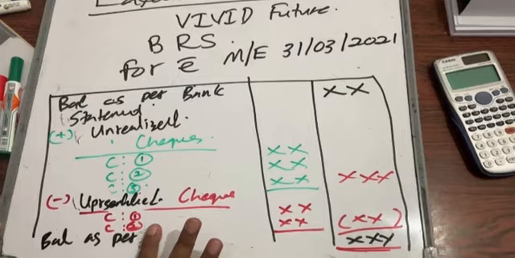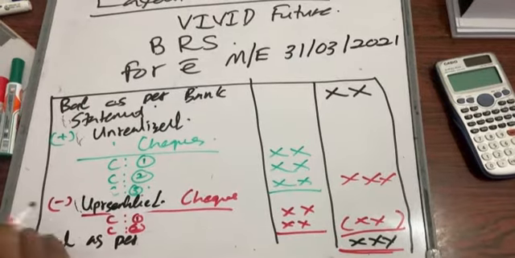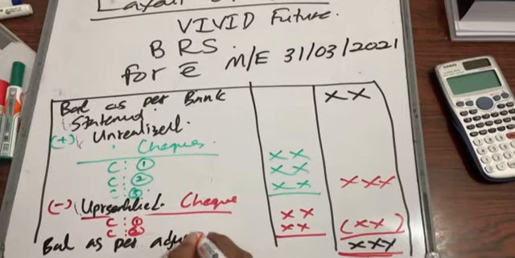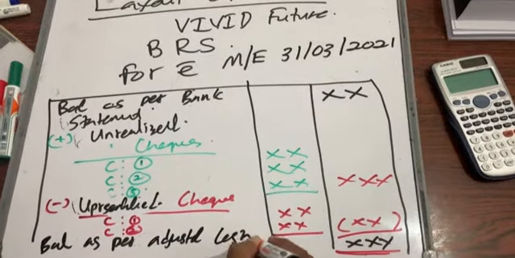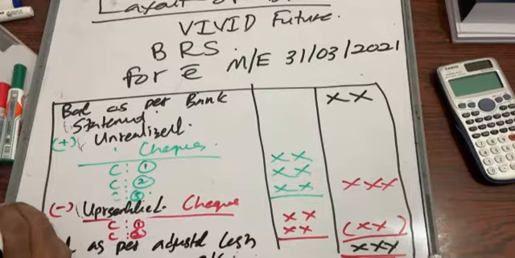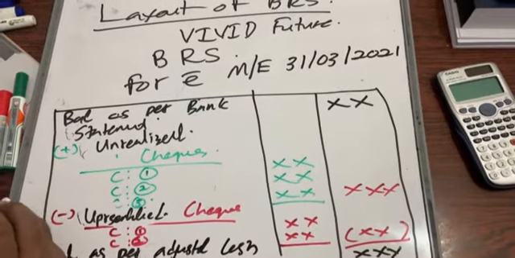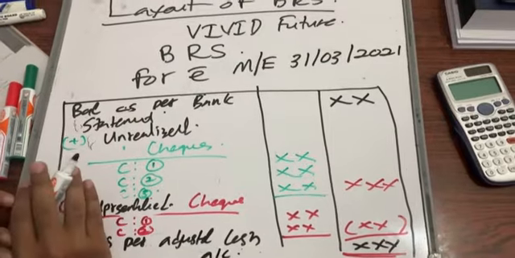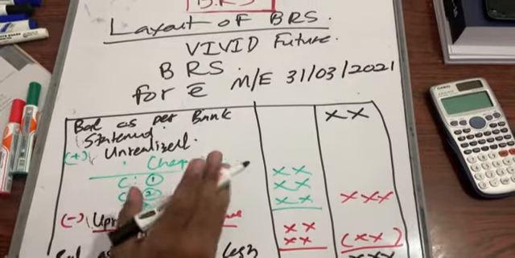Then you will arrive at the balance as per adjusted cash account. You can do it either way. You can select your own way. You can be your own boss.